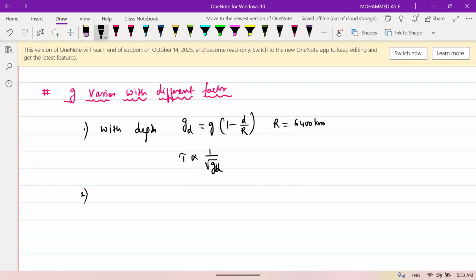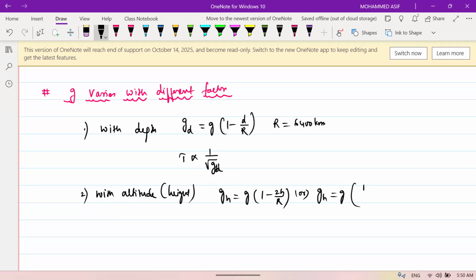Now with respect to height, with altitude, when the body is taken to a certain height, then g with respect to height will be equal to g into 1 minus 2h divided by R. We can also write this as g with respect to height is equal to g into R divided by R plus h whole square. This formula is to be used when h is much lesser than capital R. Am I clear?